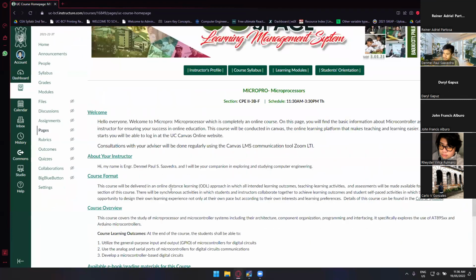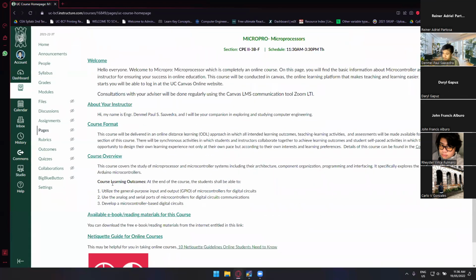And then here is the course overview of this subject. So this course covers the study of microprocessor and microcontroller systems, including their architecture, component organization, programming and interfacing, and it specifically explores the use of 8089 microcontroller and Arduino microcontrollers.